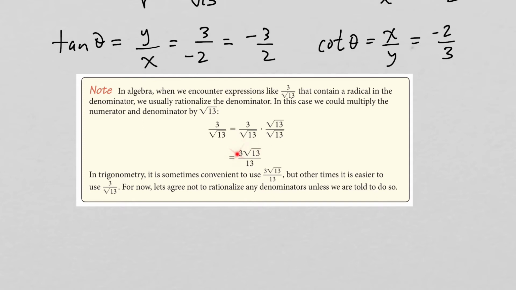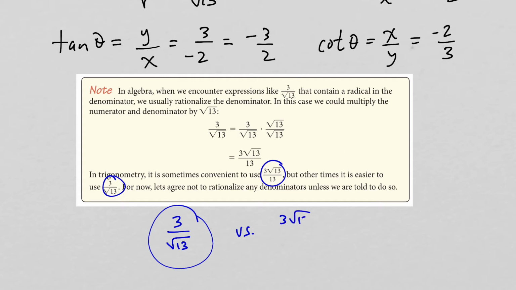But this is actually sometimes a more complicated expression than just leaving it as 3 over radical 13. So both of these are correct, but much of the time when we have an answer like this, we're just going to prefer to leave it in this format versus rationalizing the denominator, okay? So again, from time to time we will rationalize, but most of the time we won't. So that's just a note moving forward.